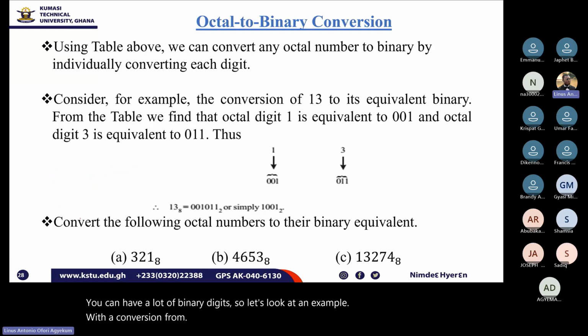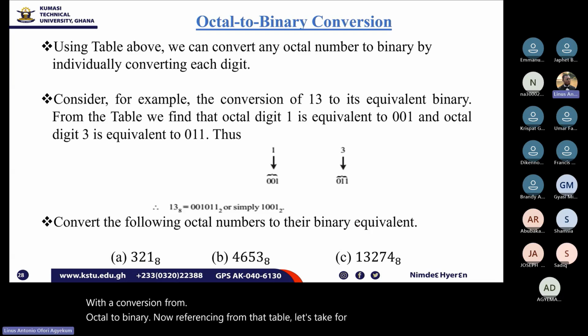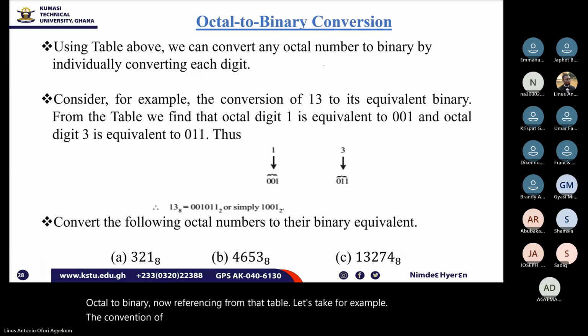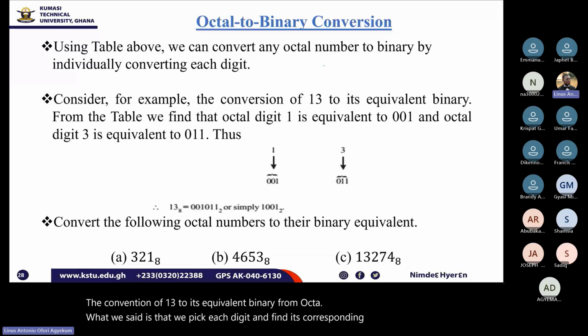Referencing that table, let's take, for example, the conversion of 13 from octal to its equivalent binary. What we said is that we pick each digit and find its corresponding 3-bit binary representation.